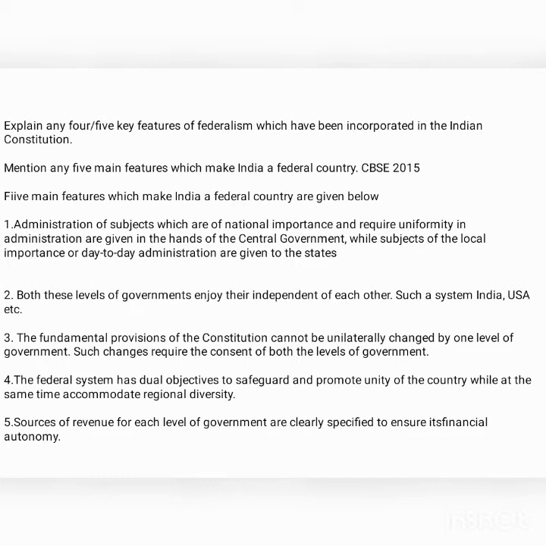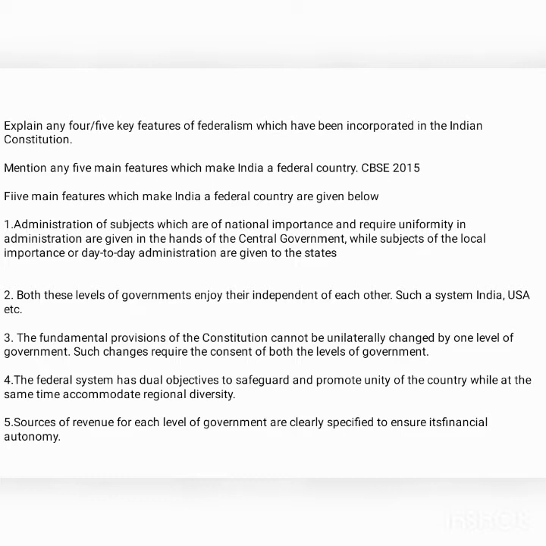Both these levels of government enjoy their independence from each other, such a system India has accepted. The fundamental provisions of the Constitution cannot be unilaterally changed by one level of the government. Such changes require the consent of both levels of government.